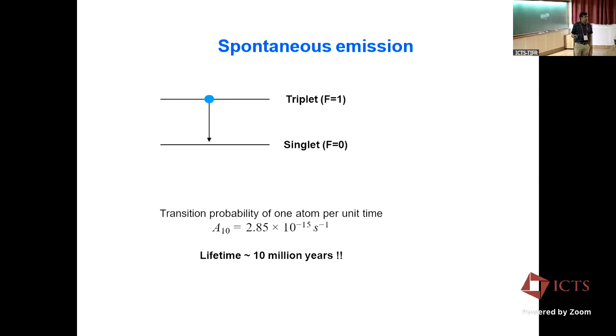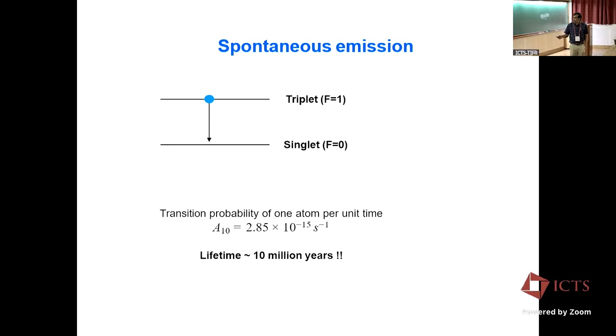So the first process that we can think of is spontaneous emission. So let's say you have a neutral hydrogen atom in the triplet state, and if you leave it alone, then there is a chance that it will decay to the singlet state. But the decay rate is given by the Einstein A coefficient, and the value of that is 2.85 times 10 to the power minus 15 per second.